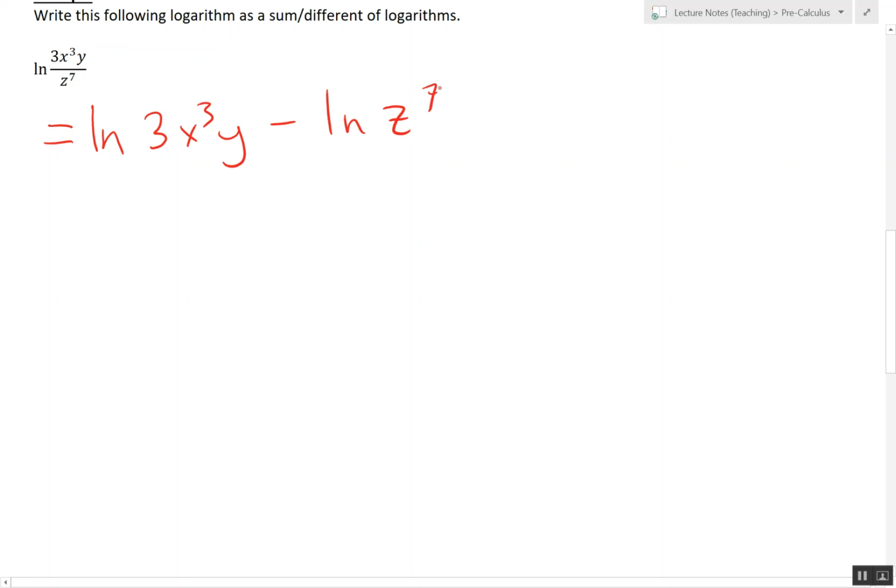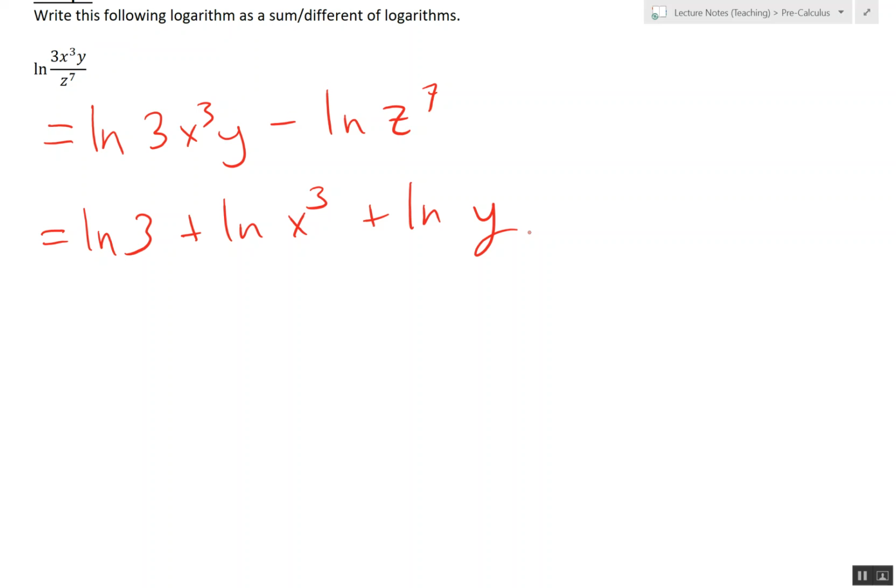And then we're going to use the product-to-sum formula twice here, and we'll have ln of 3 plus ln of x cubed plus ln of y. Notice that our definition was only for two factors, but if you have a product that has more than two factors, in this case 3, x cubed and y, it's just one big sum, so you don't have to worry about that. And then we'll have the minus ln z to the 7th.